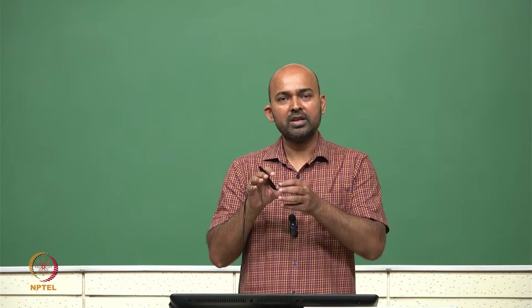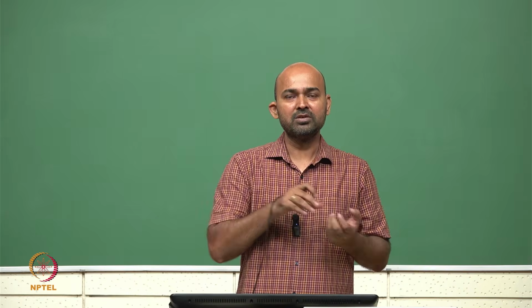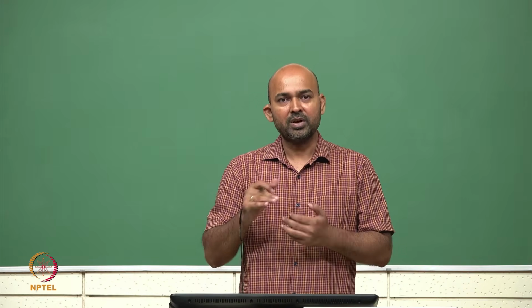We tune the load so that the load resistance becomes equivalent to the internal impedance of the entire system. At that point, the power is maximum, and this power decreases on both sides. Even if our load resistance is higher or lower than the internal impedance, the power reduces on both sides.